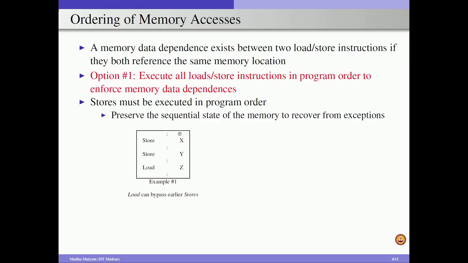Now consider another example. Here we have a store instruction writing to an address location X in the memory. After some time there is a store instruction writing something to address location Y in the memory, and after some time there is a load instruction loading some value from address location X. This load instruction is independent of the store to Y, but it is dependent on the store to X, because both are going to operate on the same memory location.